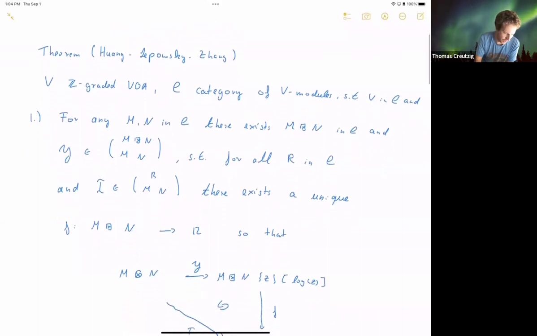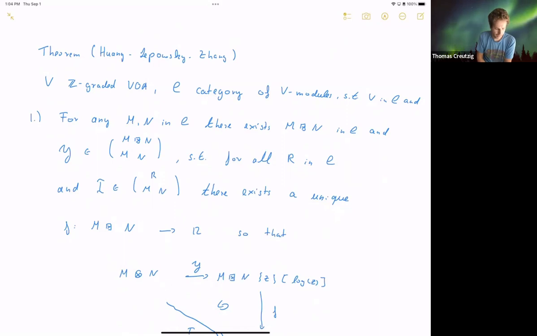Okay, before I start with writing something down, I copied the main result of HLZ, Huang, Lepowsky, and Zhang. They have this series of 8 long articles, which they probably publish as a book at some point, where they establish a working theory of vertex tensor categories.